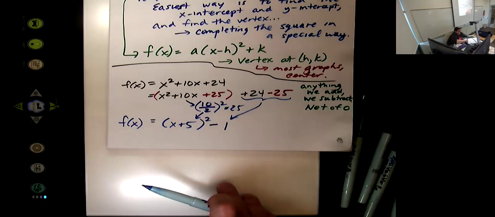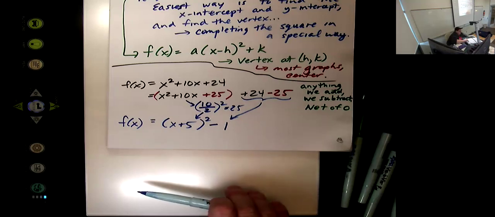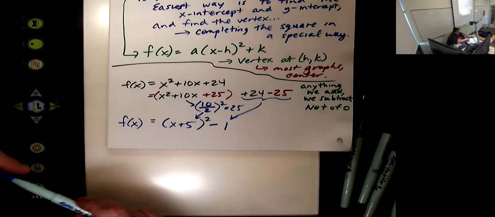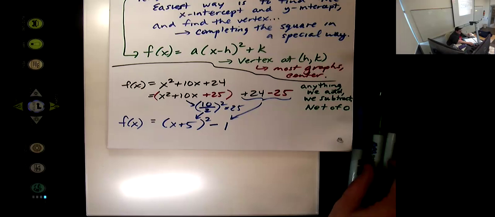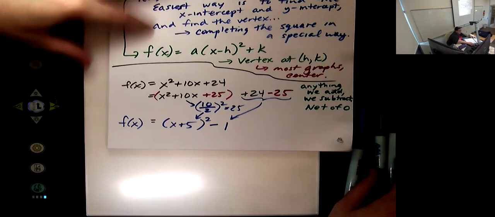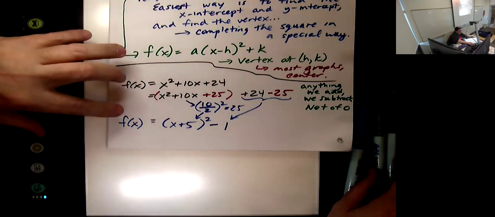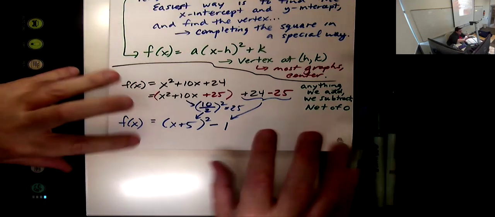So is that our answer then? Yeah. Okay. Well, that's the completed the square thing. Remember, we're trying to graph here. So we're not going to do the graphing in here, but that's our answer for now.